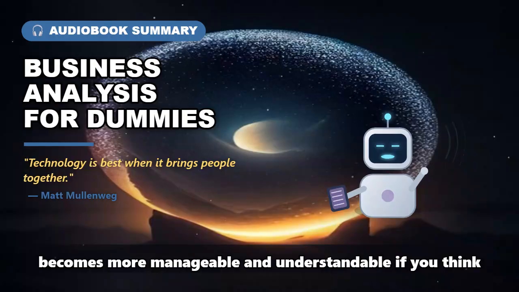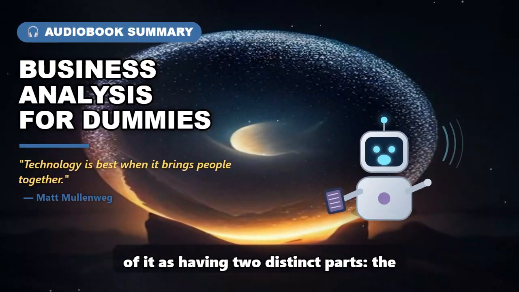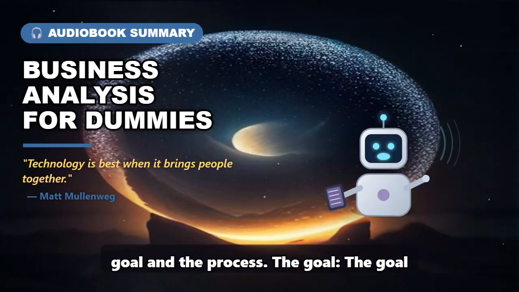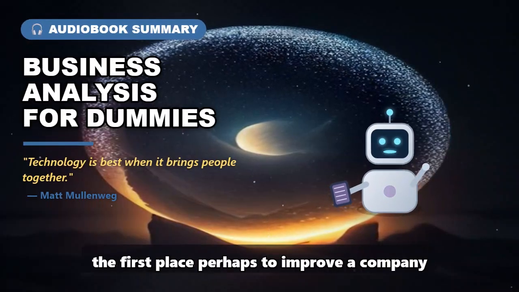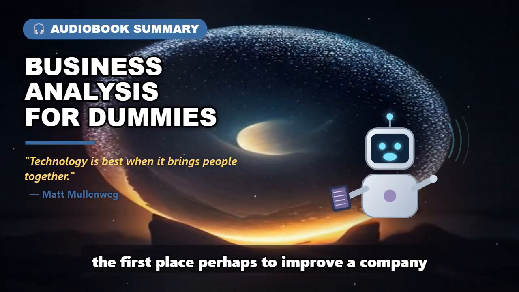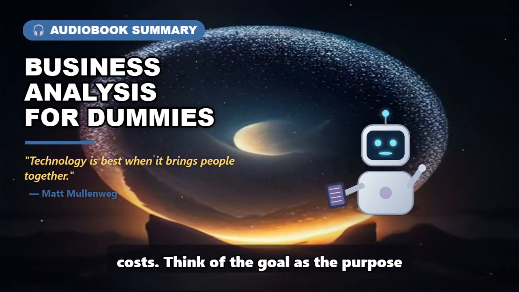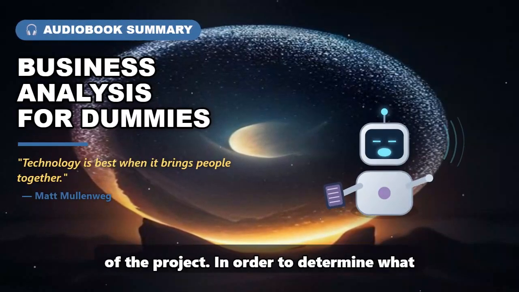But the task becomes more manageable and understandable if you think of it as having two distinct parts: the goal and the process. The goal addresses why you're doing the analysis in the first place, perhaps to improve a company's revenue and services, or to reduce its costs. Think of the goal as the purpose of the project.